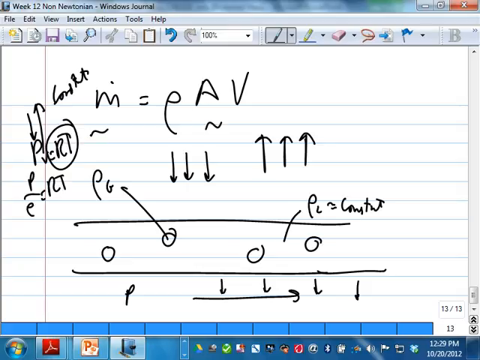So the dv dx is not zero. It could be accelerating or decelerating, depending on the gas expanding, and therefore we need to consider those three factors.